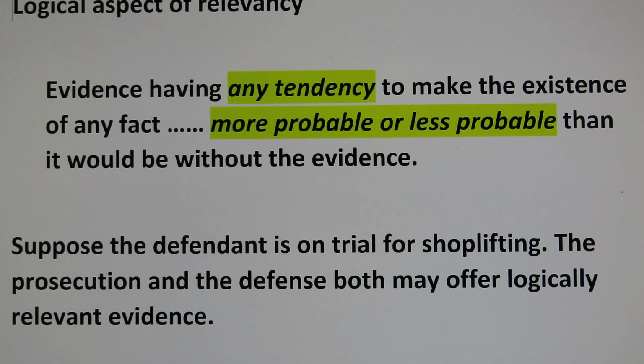You can just focus on this highlighted part, that is, evidence having any tendency to make the existence of any fact more probable or less probable than it would be without the evidence. Okay, that is the relevant part of the definition from the Federal Rules of Evidence.